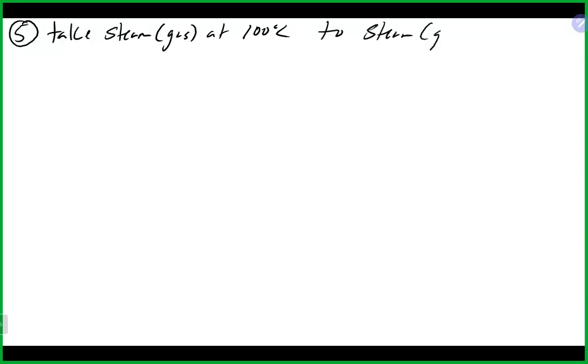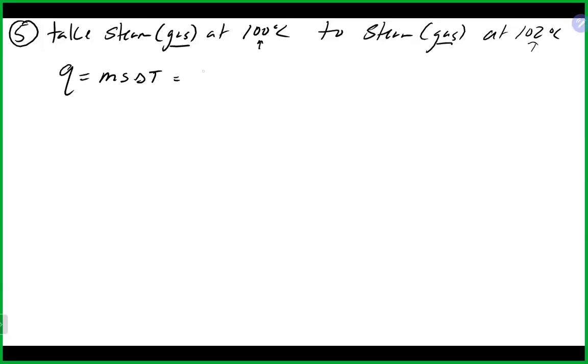And I'll go to the next page here. So our fifth and final step is taking steam, which obviously is gas, at 100 degrees Celsius to steam that is still gas at 102 degrees Celsius. So once again here, the phase is exactly the same, but the temperature here is changing. And that means that we're going to go with our specific heat equation one more time.